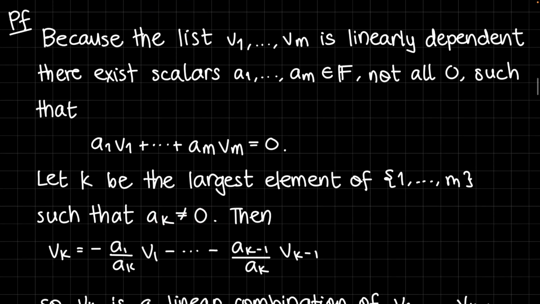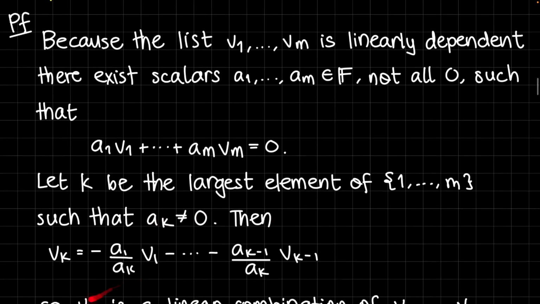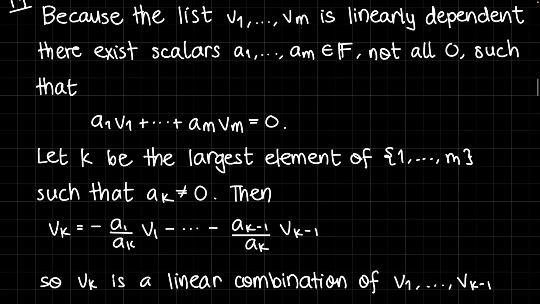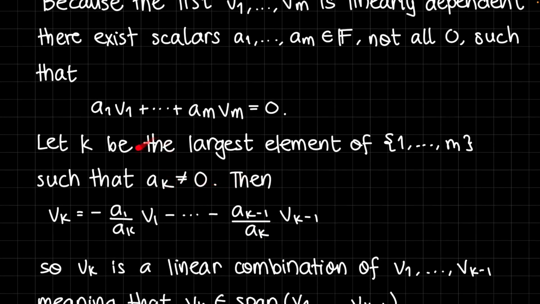And since ak is non-zero, then you can write vk from this equation, this decomposition here, as minus a1 over ak v1 minus dot dot dot minus a(k minus 1) over ak v(k minus 1). We can divide by ak because ak was non-zero by how we chose the k.